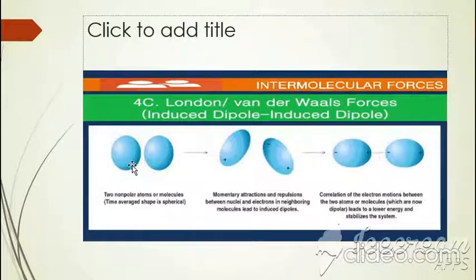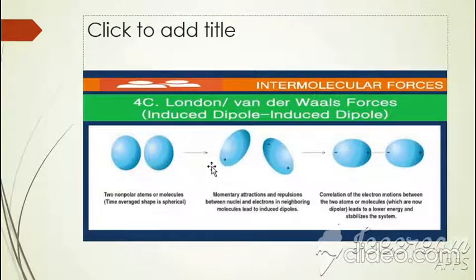Both have the nucleus in the center, and electrons are revolving around the nucleus. At any instant, when they come close to each other, the electrons of one molecule repel the electrons of the other molecule. Due to this repulsion, a temporary dipole is created.